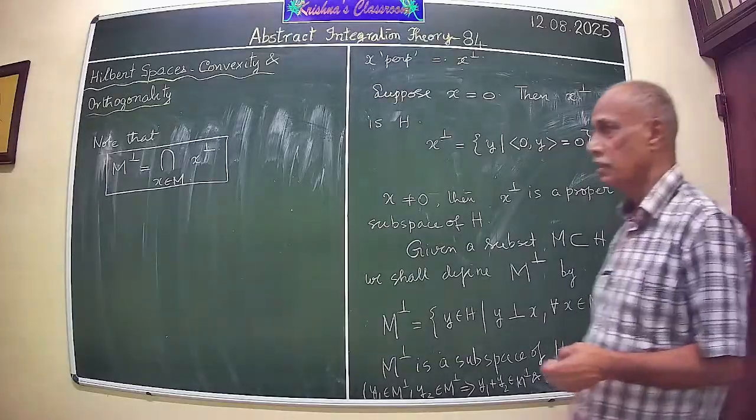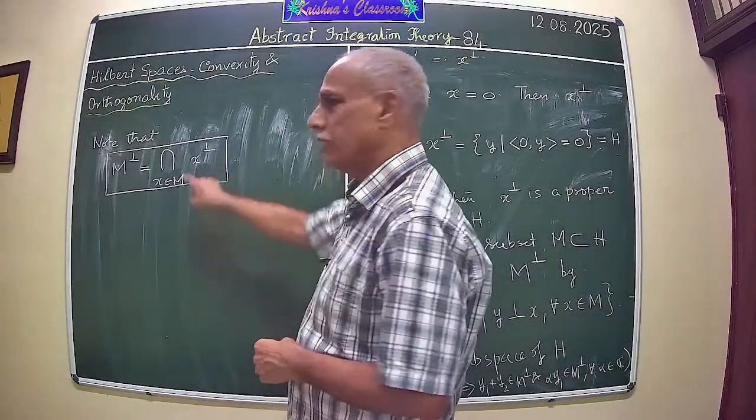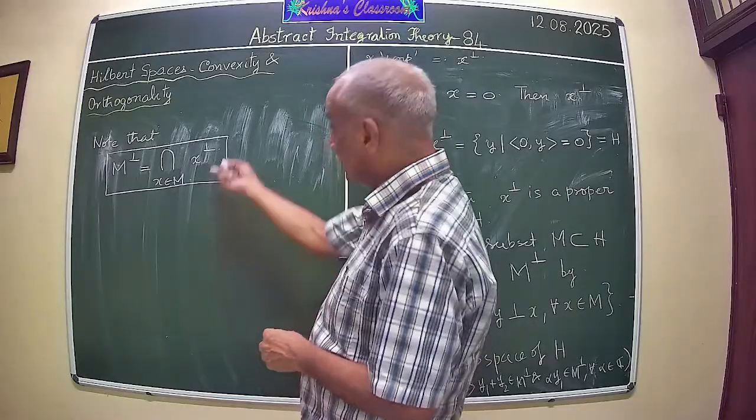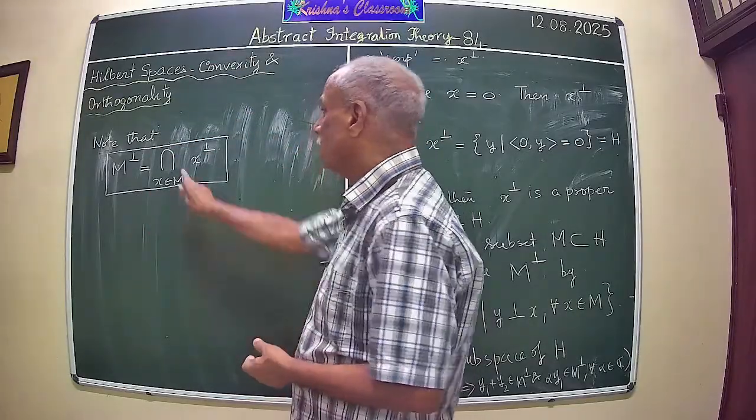So x perp is the set of all y which are orthogonal to x, and when y is orthogonal to every x in M, then you get the intersection.